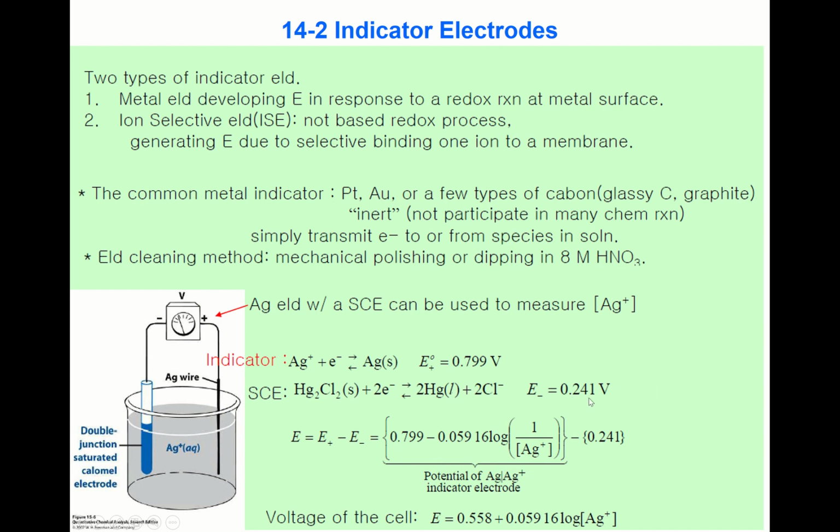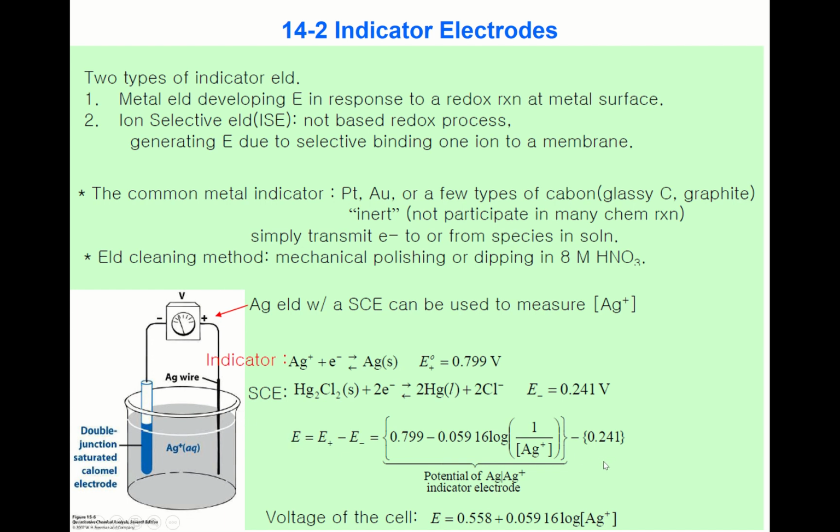So the cell potential, which you measure with the voltmeter, only depends on the silver ion concentration here. After writing the Nernst equations for these reactions, the cell potential is given by this equation.